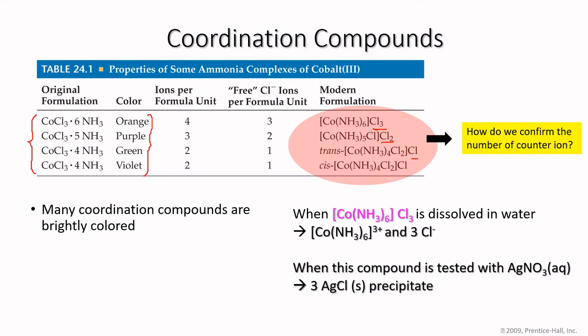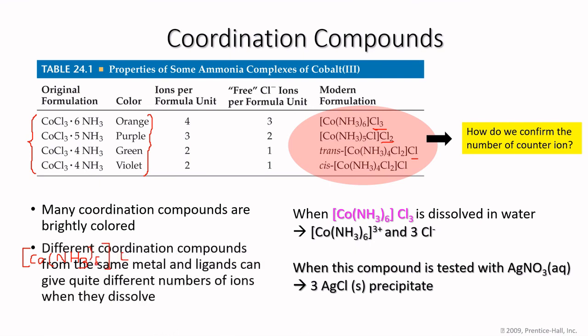To do this, we can simply react the complex with silver nitrate. For example, if you have the first complex compound, so you have 6 ammonia, and then you close the bracket, and then you have 3 chloride outside of the bracket, and then you react with silver nitrate.